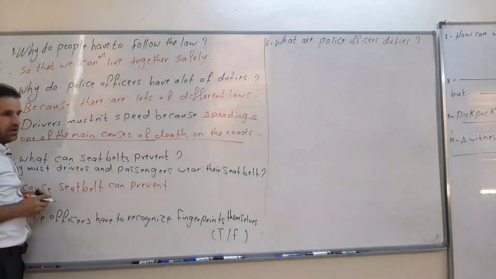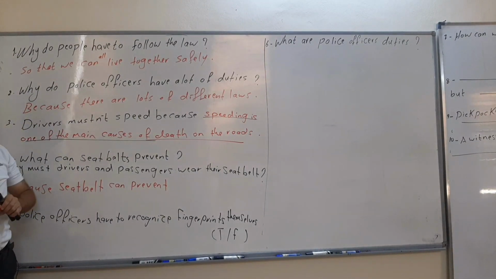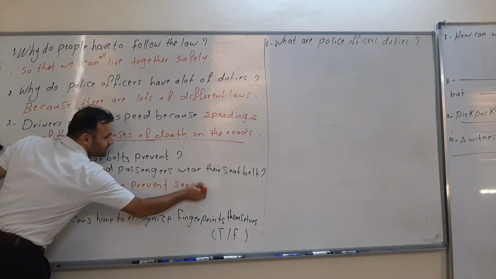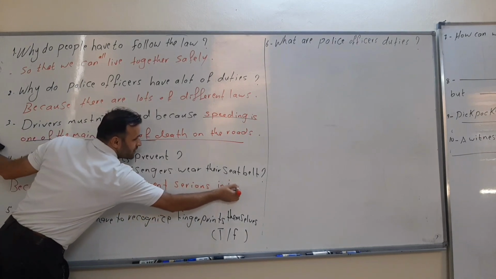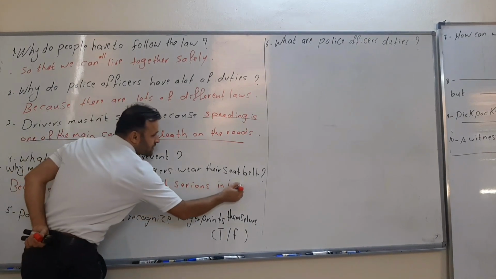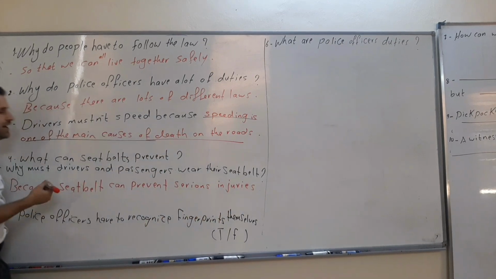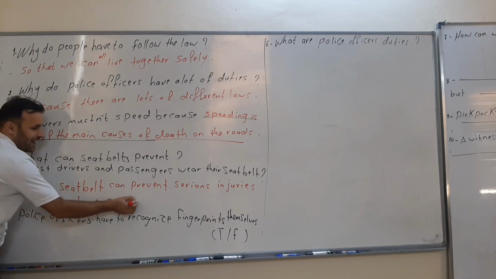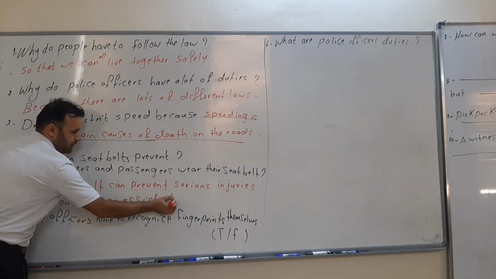Prevent means to not allow something to be completed or to be committed. So because seatbelts can prevent serious injuries in case you have an accident.